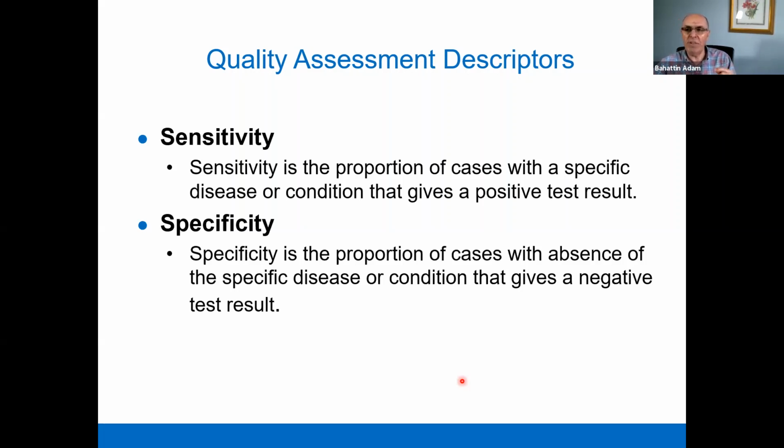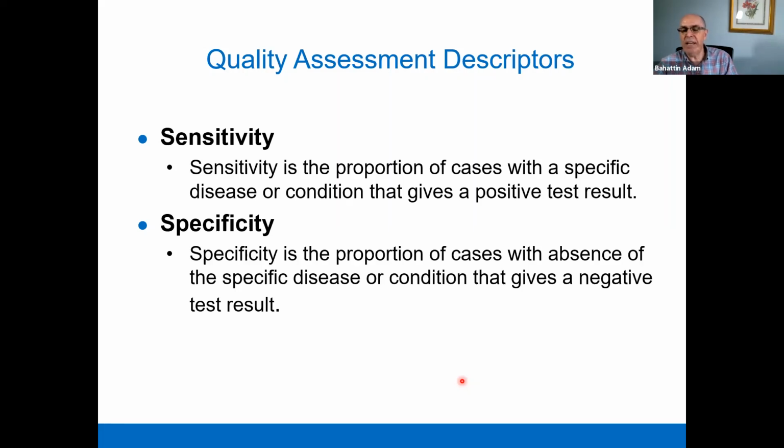Specificity is the proportion of cases with absence of the specific disease or condition that give a negative test result. You have a healthy population that you are sure are not COVID patients, and you take samples from this healthy population and test them with a COVID test.